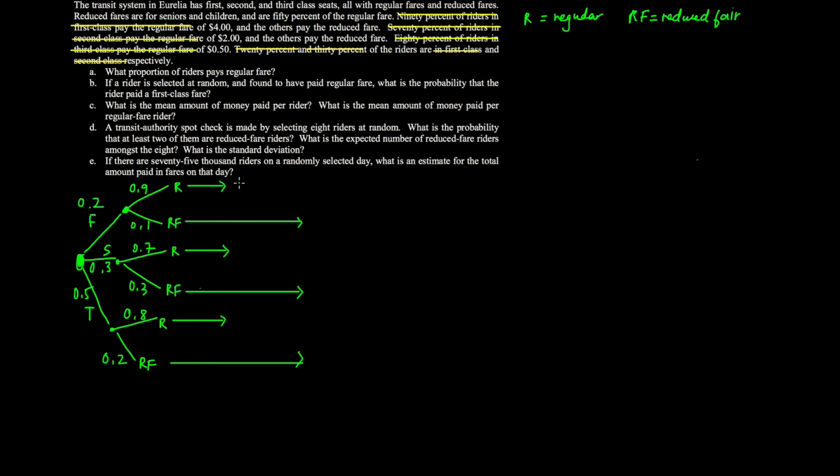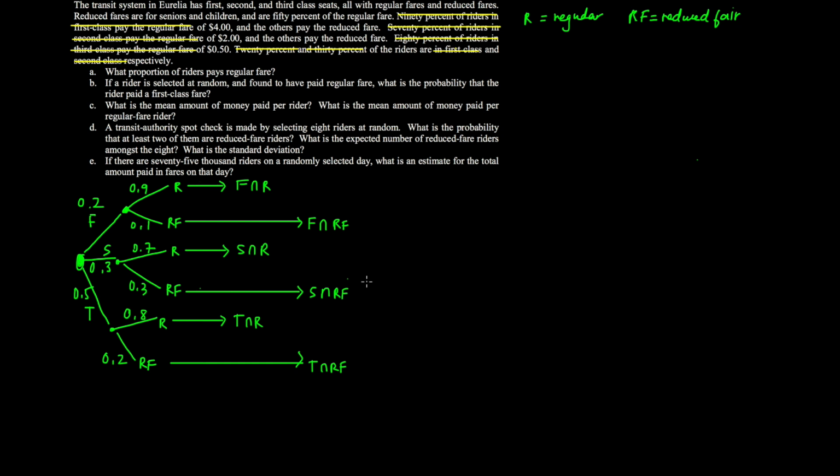This here is going to be first class and regular fare. This is first class and reduced fare. Second class and regular fare. Second class and reduced fare. Third class and regular fare. And third class and reduced fare, right?